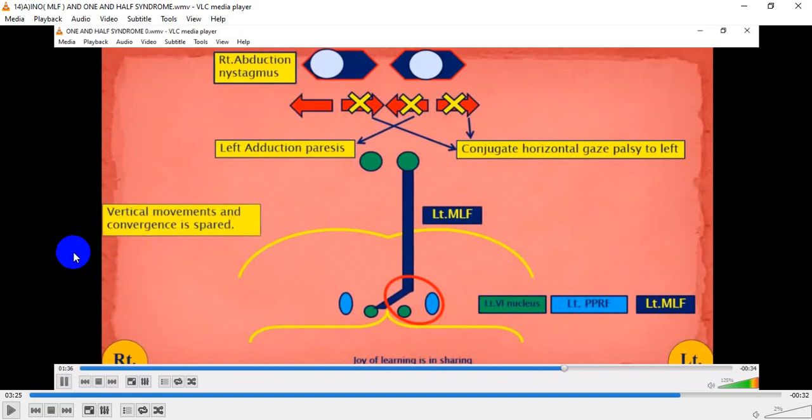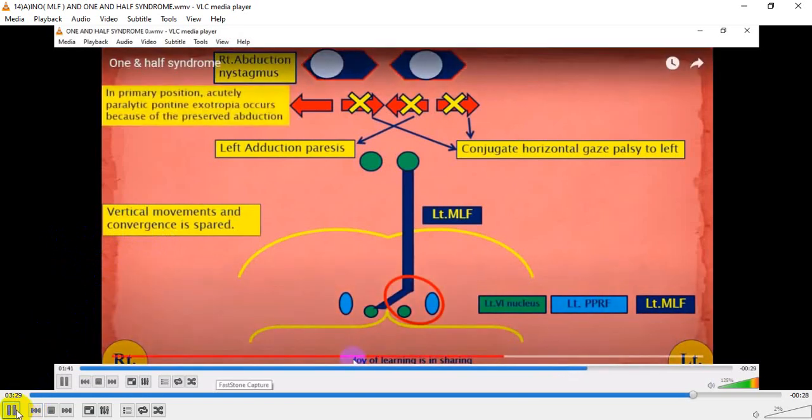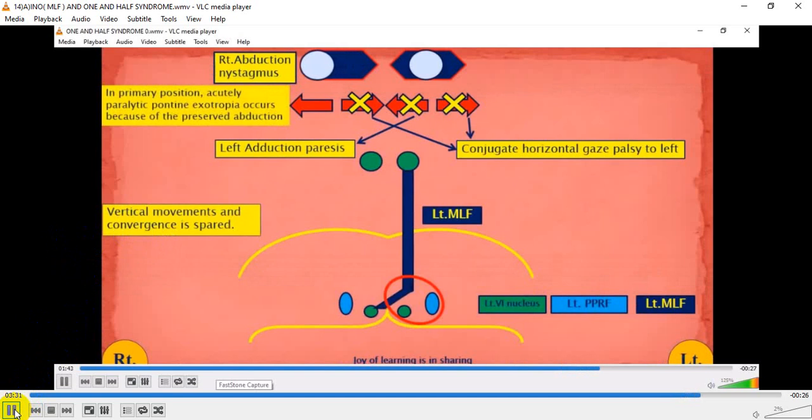So that is preserved, or we say spared. This will be very characteristic. You will have a right abducting nystagmus. Right eye abduction is possible, left eye adduction will be absent, and there will be total left side gaze palsy, meaning the left eye cannot abduct and the right eye cannot adduct. This is called 1.5 syndrome.